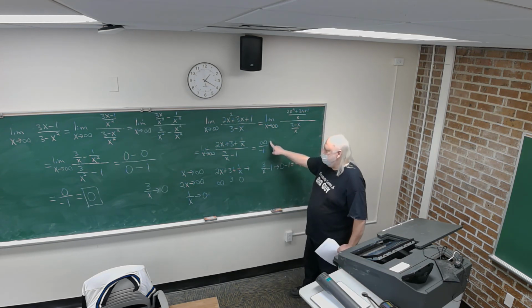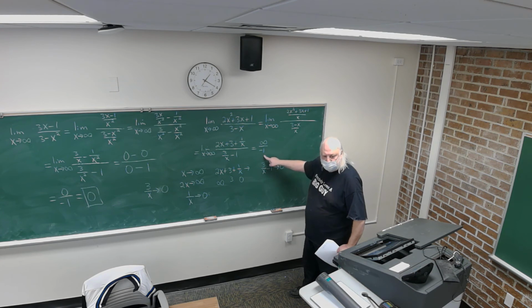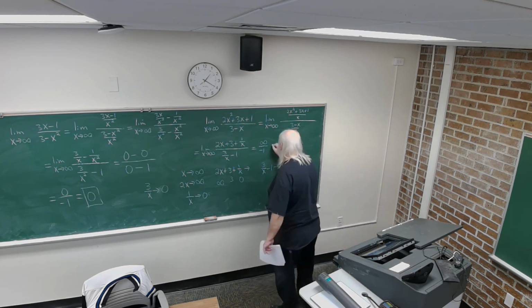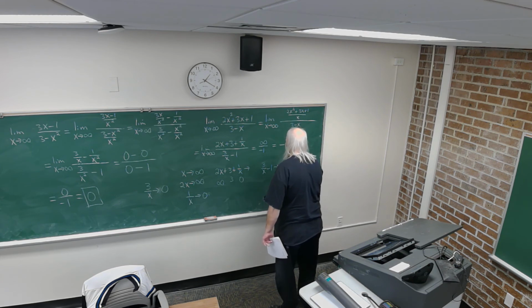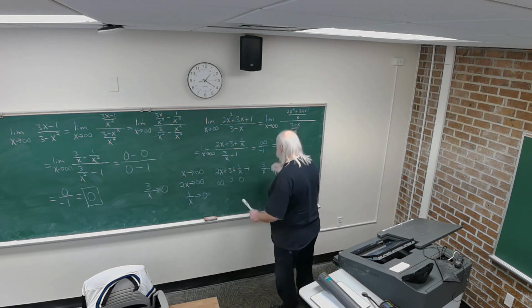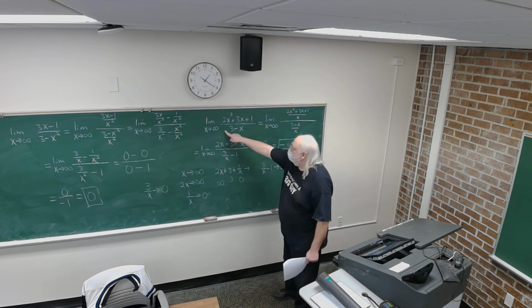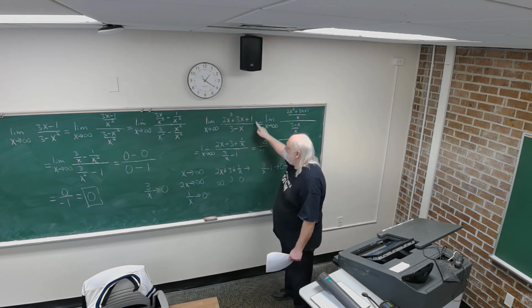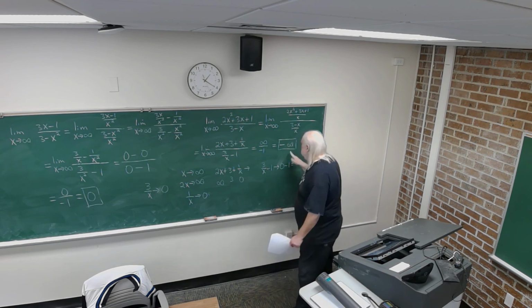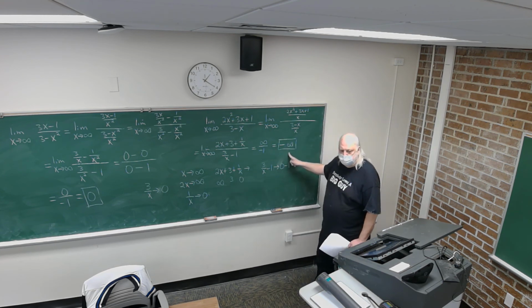So we have something positive over something negative. And a positive over a negative is negative. So as x increases without bound, this rational function is decreasing without bound. So our slanted asymptote is going down, not up.